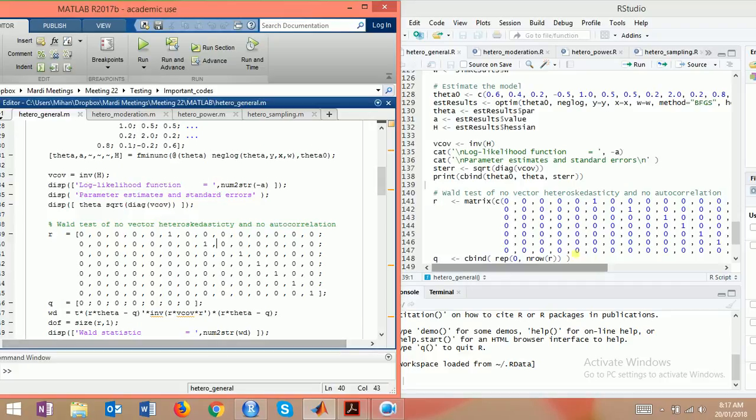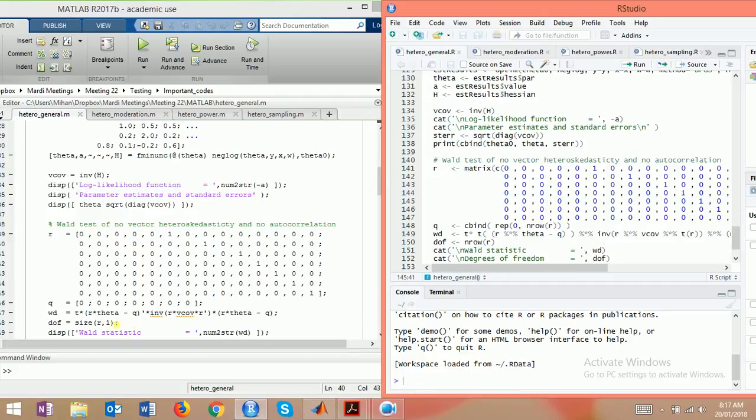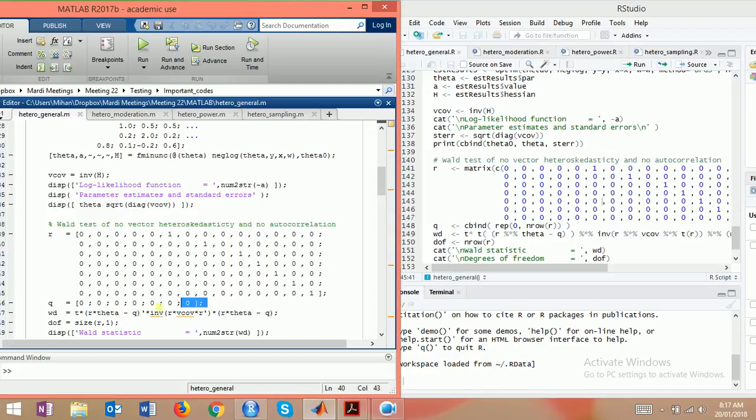Q, column bind replicate, Q is replicate 0 by number of rows. Interesting. Replicate, we could have just simply done that, but okay, sure. Replicate 0 how many times, number of rows times, and do that column bind.